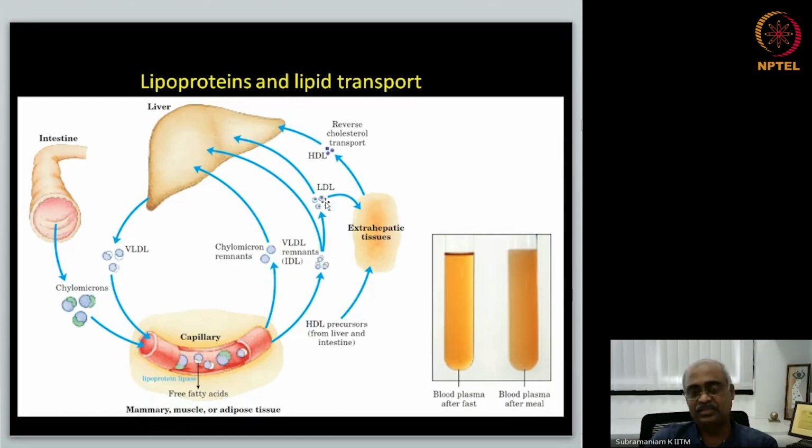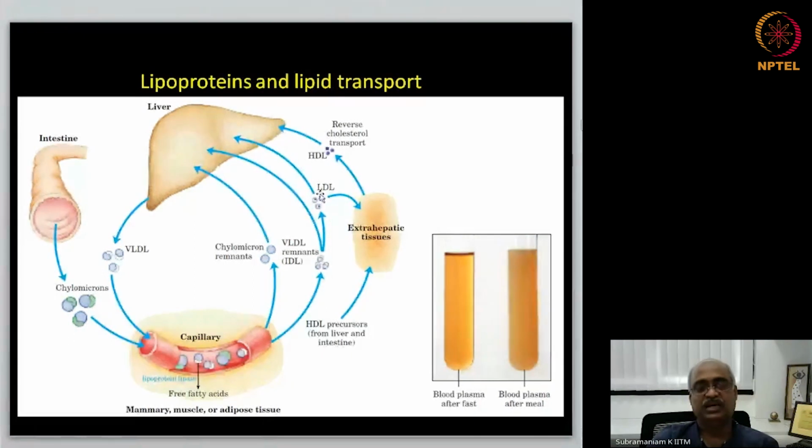So this LDL taken up by extrahepatic tissue is a healthy thing because they are taking it up and burning it away. You don't want it to go to adipose tissue and get stored, because from there it will be mobilized and be circulating. You will have high amount of LDL and VLDL. So once that is removed, then remnants will go to liver to get broken down into amino acids and to be recycled.